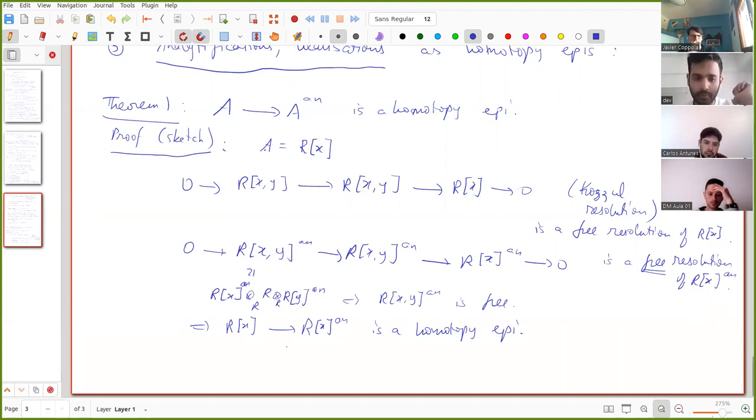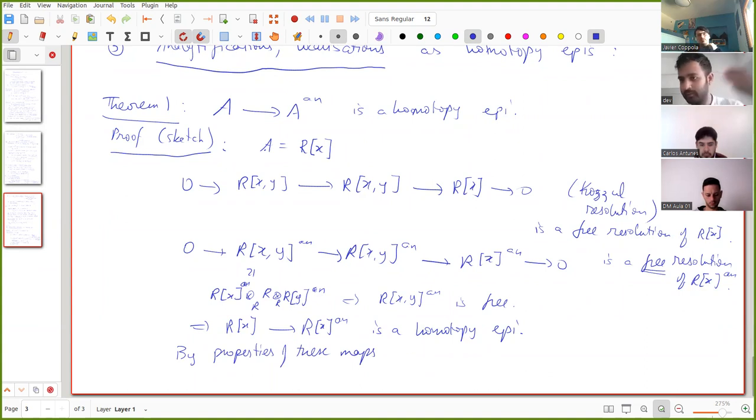Okay, and then what we do is by abstract nonsense, by properties of these epimorphisms, if you tensor a homotopy epimorphism with a homotopy epimorphism, then the resulting thing is still a homotopy epimorphism.